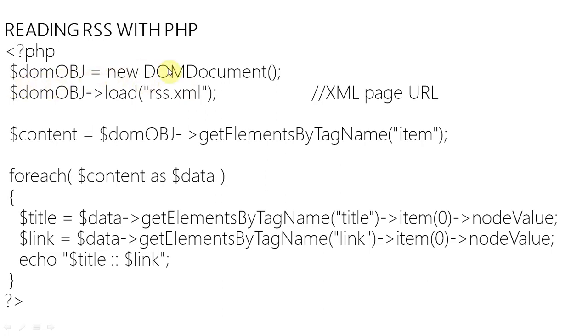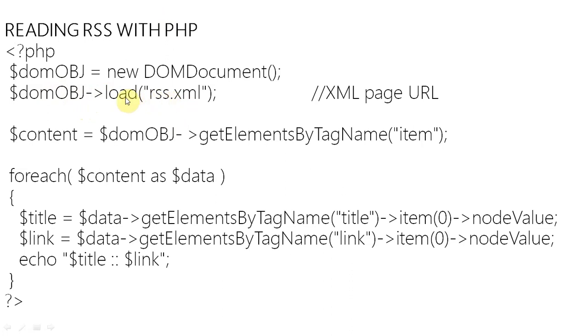DOM obj equals new DOM document. Then DOM obj, and in case of C++ or Java we would write dot, but here we write dash and angular tag, load rss.xml. So object name and then its function. The load rss.xml function will execute.